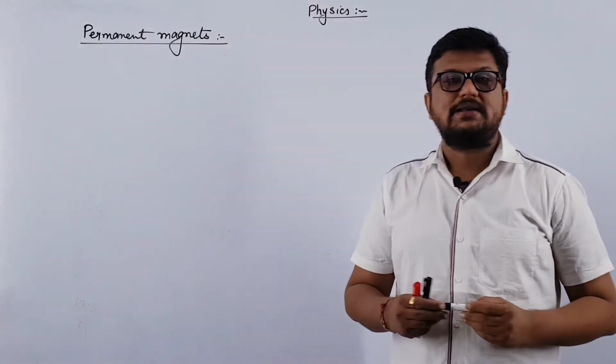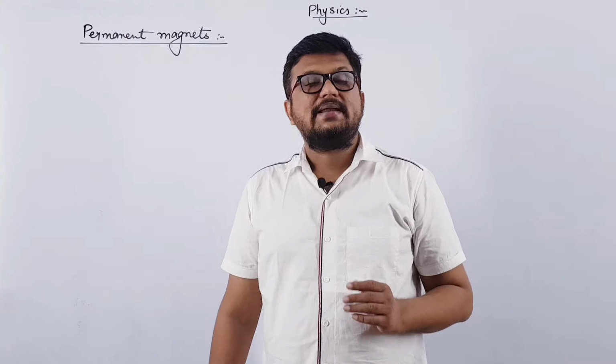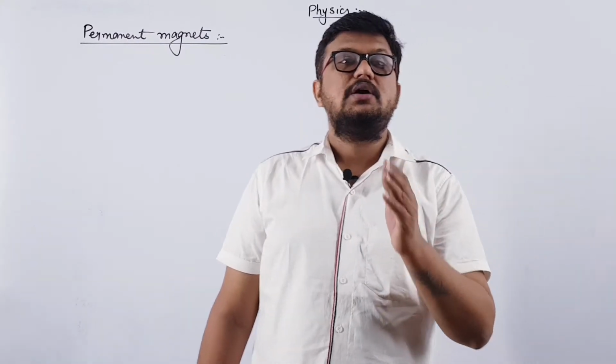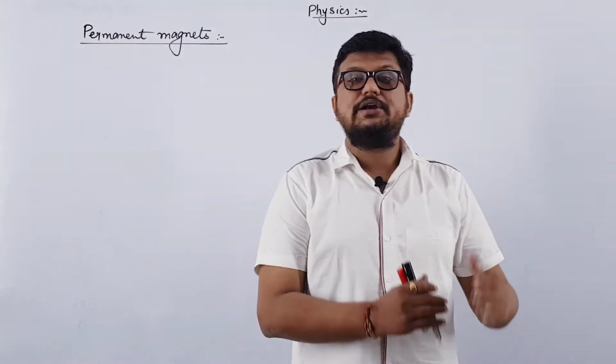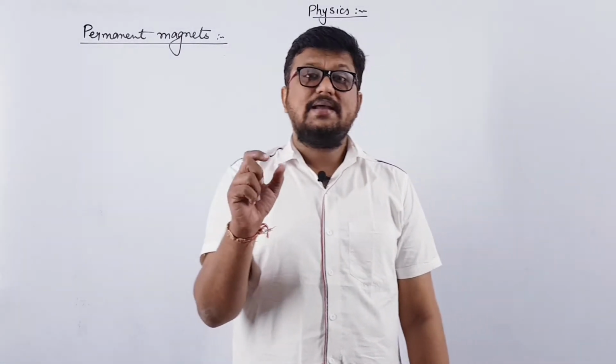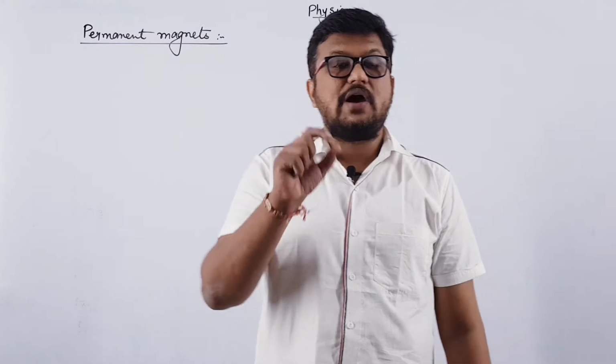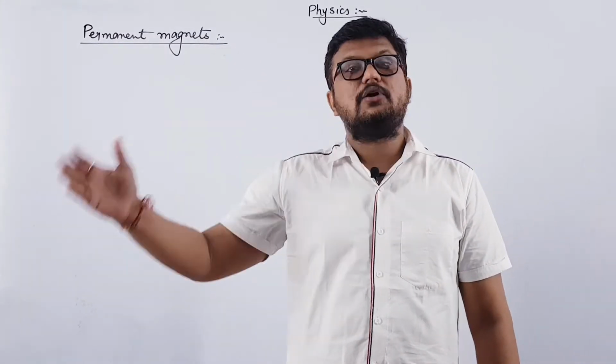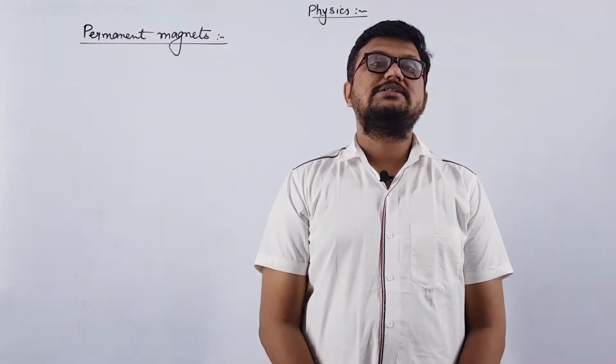What are permanent magnets? Permanent magnets are those materials which can retain ferromagnetic property for a longer period of time. If we have a material, and that material can retain ferromagnetic property for a long period of time, then such materials are known as permanent magnets.